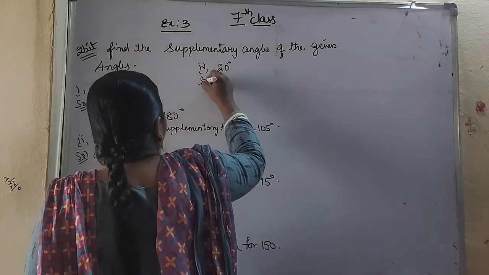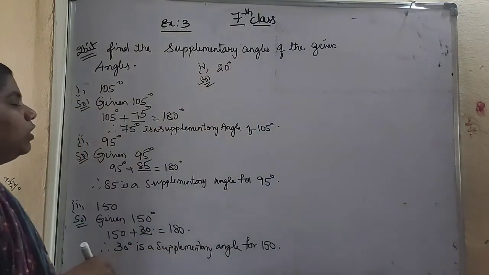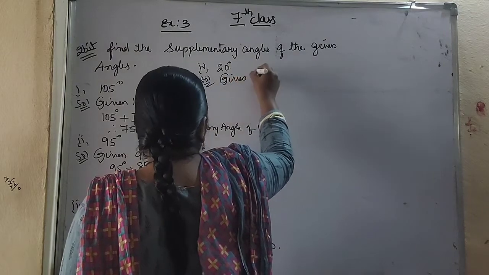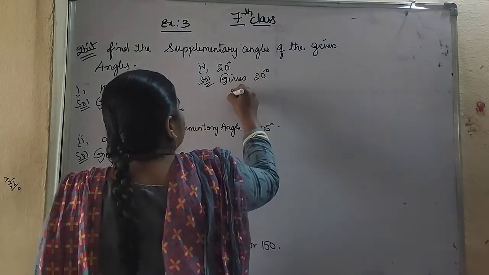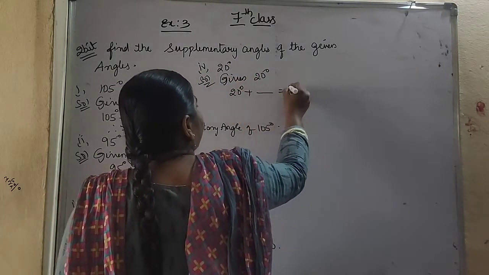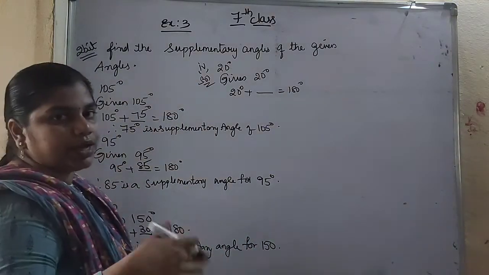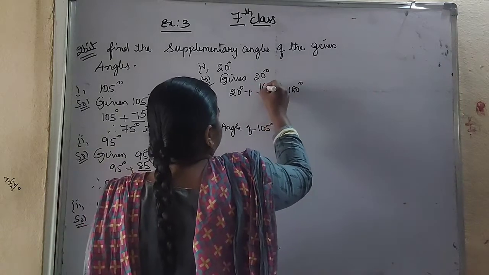Next is the fourth one, we have to find for 20 now. Given 20 degrees, how much will you add to get 180? That will be 160.